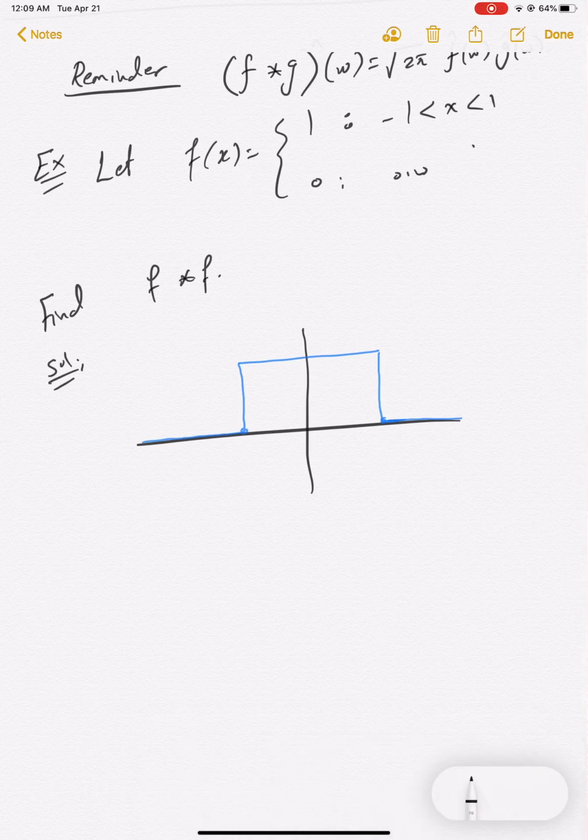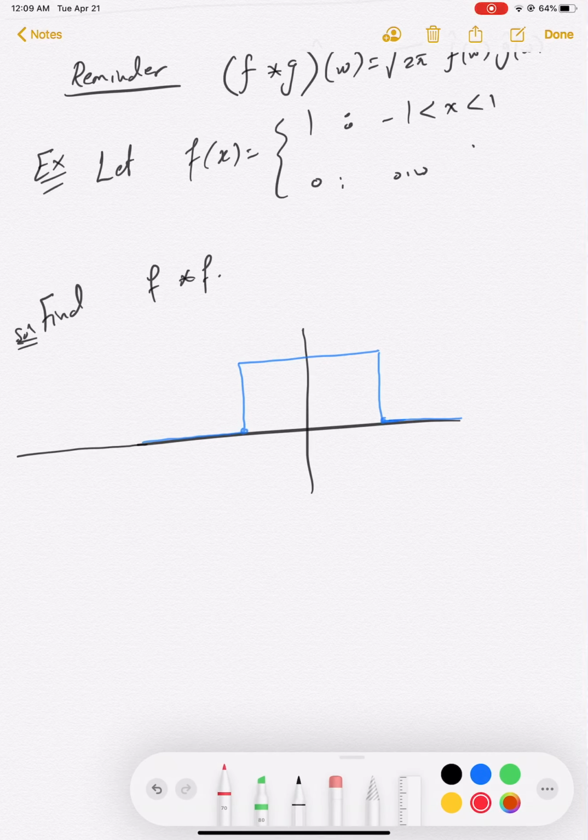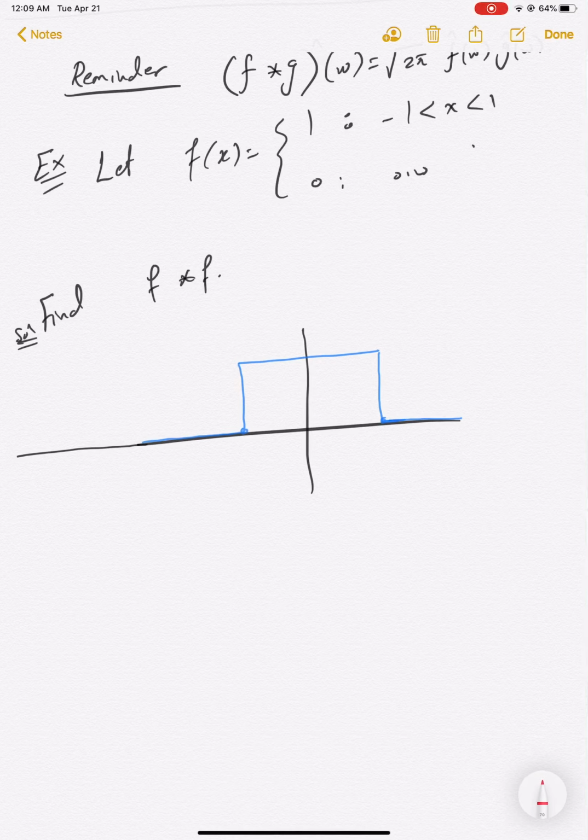So if we extend the axis so that we have more space, and we draw the shifted function. Again, you reflect this blue curve about the y-axis, it's the same thing. Then you shift it by x units to the left if x is negative, and to the right if x is positive.